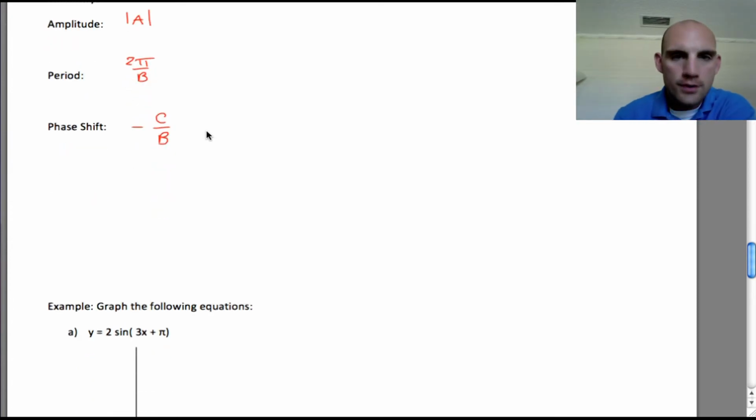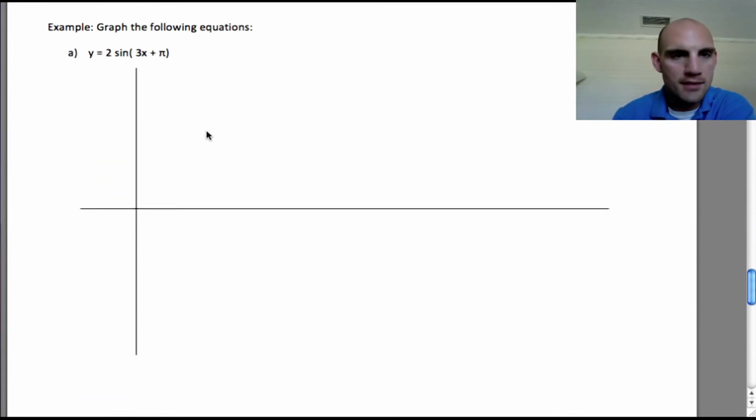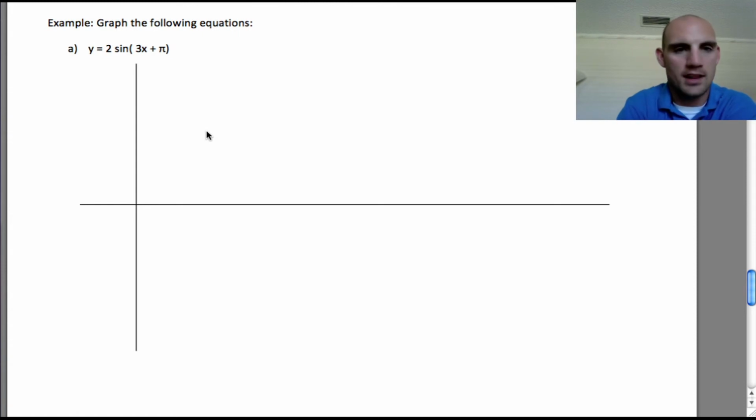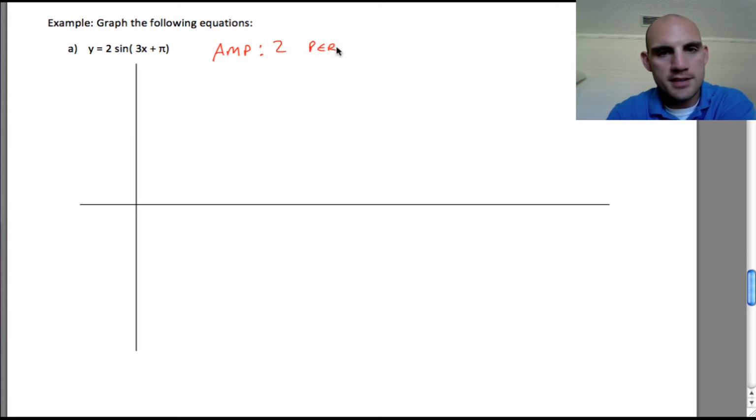Okay? So now when I go down here, notice I'm going to say graph the following equations, but I'm not giving you anything of a table because I'm assuming that you are going to do something like this. Amplitude. Once again, I feel like we're comfortable enough now I can abbreviate a little bit. Amplitude is 2. Period is going to be 2 pi over B, which is 3. That's my period now.